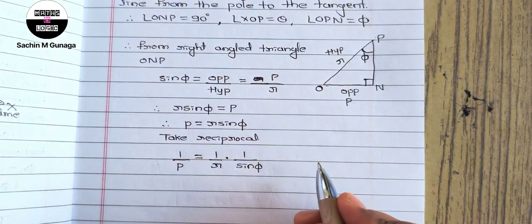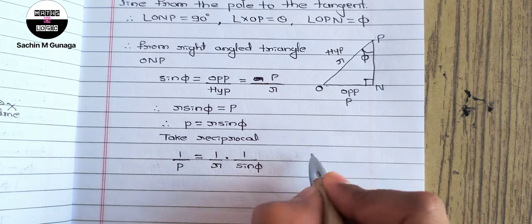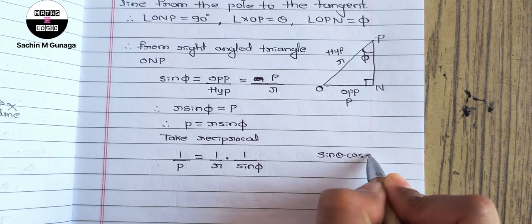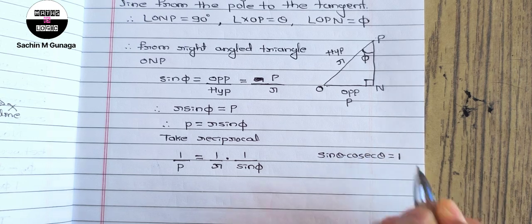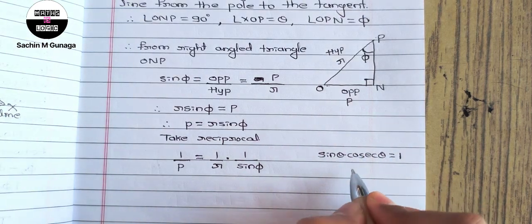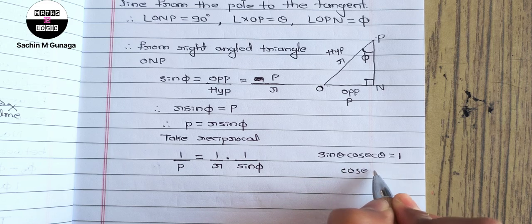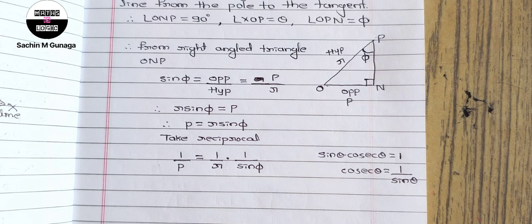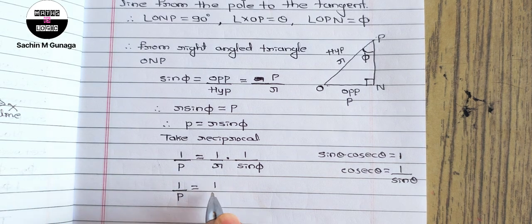Next, in trigonometry there is a reciprocal relation. What is that reciprocal relation? Sin theta into cosec theta is always 1. Therefore, cosec theta is equal to 1 divided by sin theta. So 1 divided by p I keep as it is, and 1 divided by r also as it is.